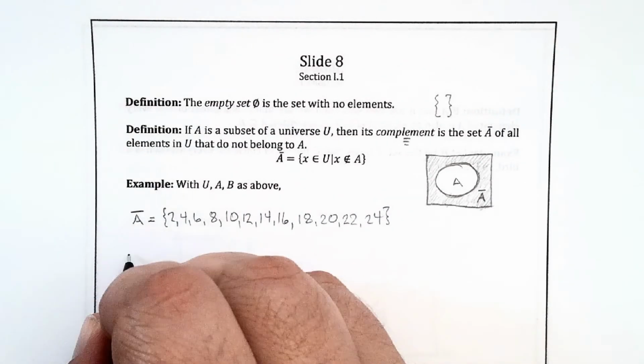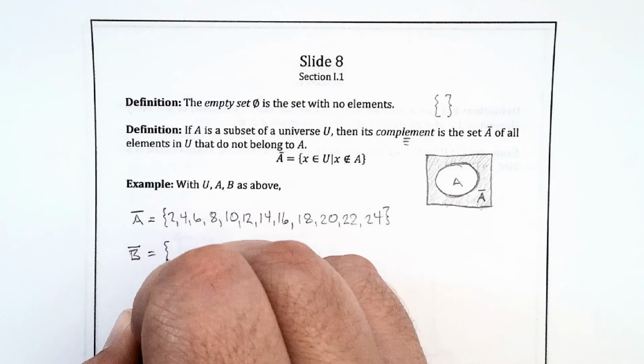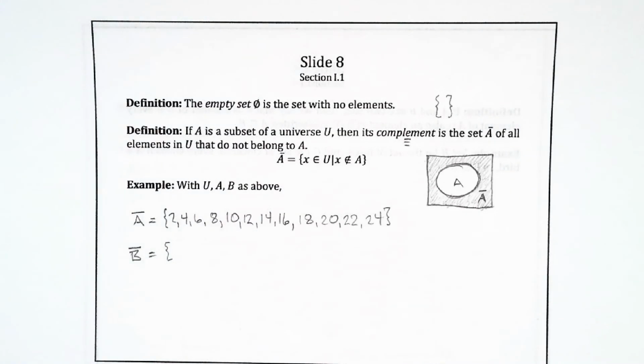And the complement of B, that's everything that's not in B. B was the set of multiples of 3. So the complement is the set of elements of U that are not multiples of 3.